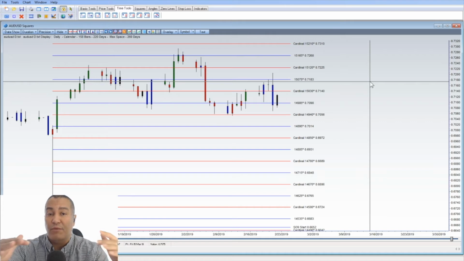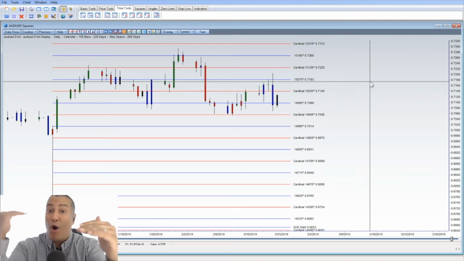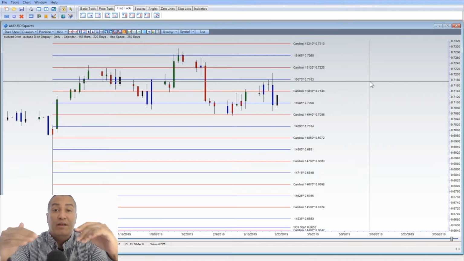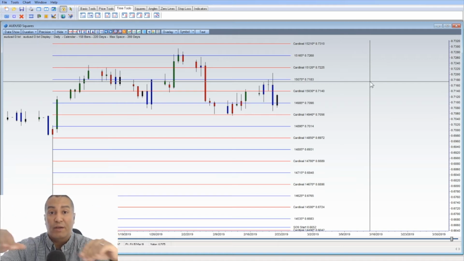If it's a vibration level, it's massive resistance, because you've got the 75% level there, a cardinal level there, a Square of 9 level right there hovering, and then you can look at your pivots and volume profile, where the sellers are. If all that makes sense, then you'll be like, all right, this is hardcore resistance.